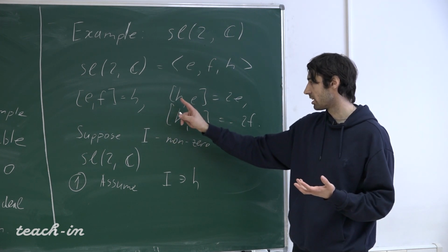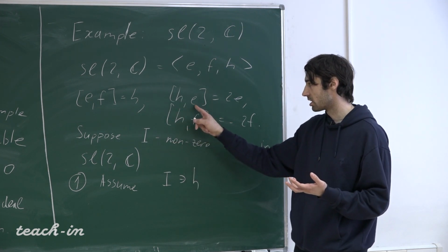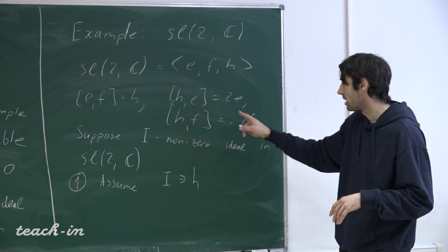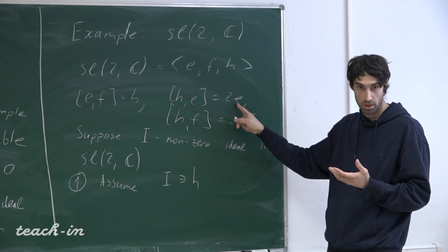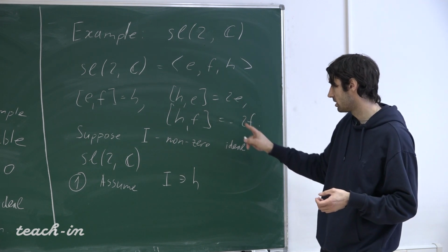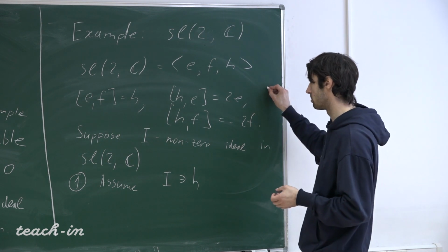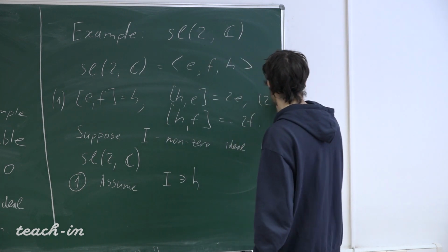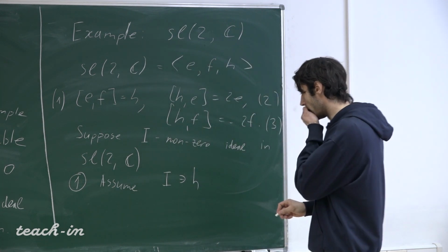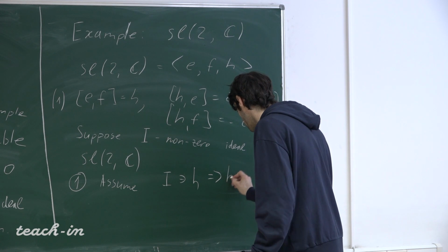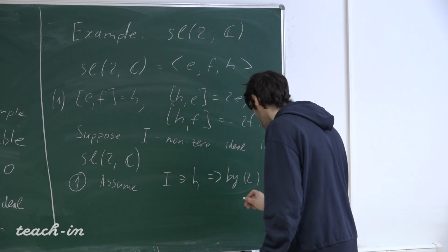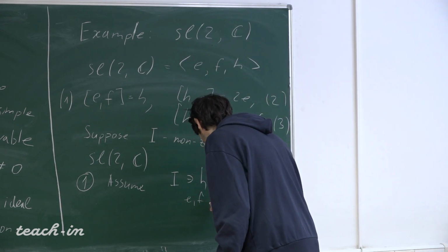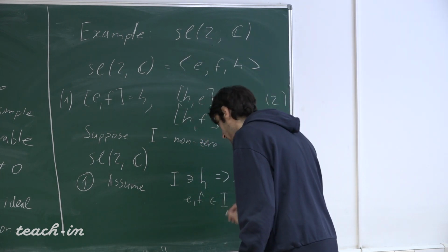Therefore, if I take H, which is inside I, and commute with anything which might be outside of the ideal, I'll get something in the ideal, by definition of ideal. So let me call these relations 1, 2, and 3. So by 2 and 3, E and F belong to I.